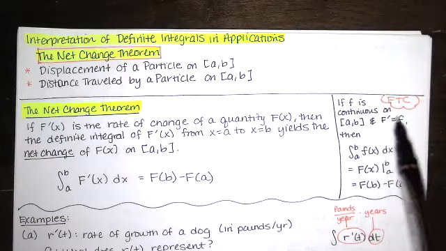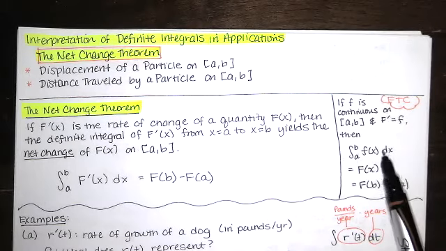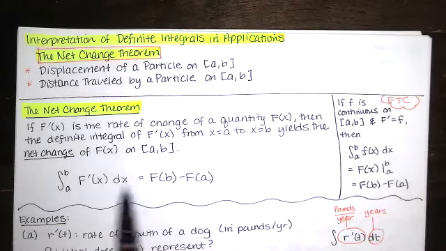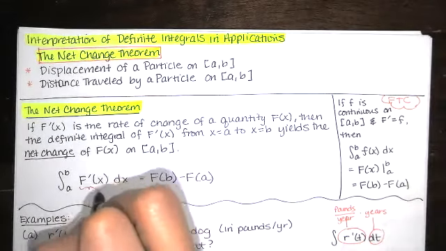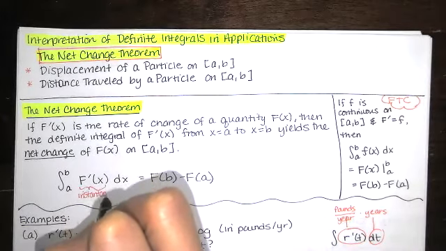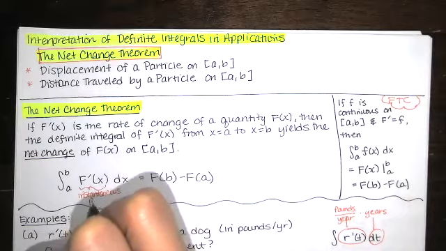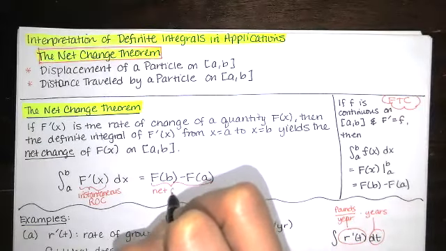So all we're doing here is saying, well, if f prime and f are the same thing, why don't we just substitute that in, and then think about it differently? This is the instantaneous rate of change of some function. And this is the net change in the original function.